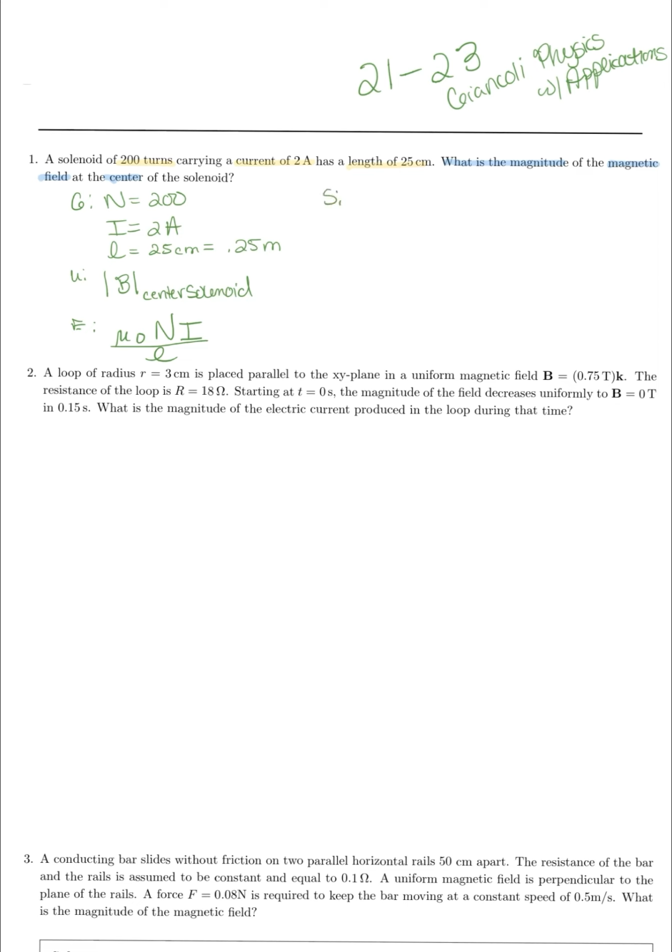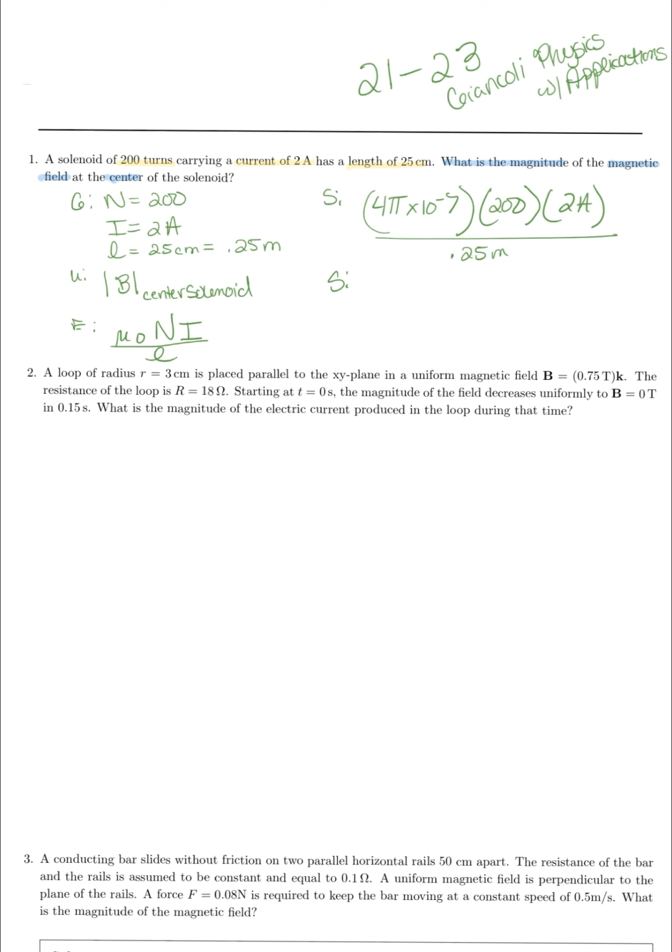Mu naught, remember, is just a constant. That is 4 pi times 10 to the minus 7. And then our N we have in our givens, that's 200. Our I is 2 amps. And what else did we have? Oh, we're dividing by the length, which is 0.25 meters. And then we can go ahead and solve for this.